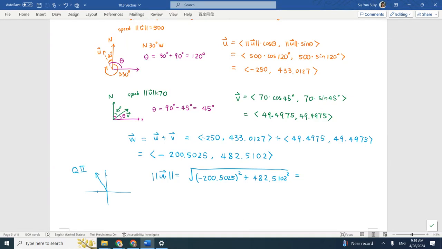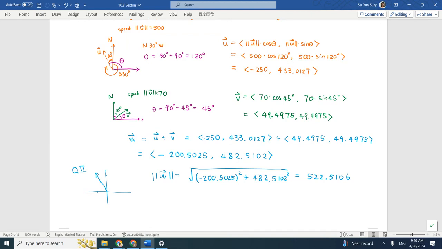What do you have? Thank you so much, this is the magnitude. It makes sense, this number is bigger than 200 and bigger than 400. Hypotenuse should be longer.